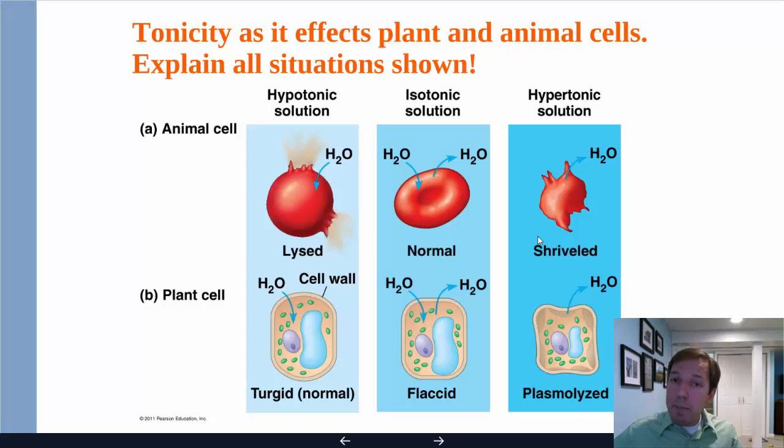Now, if it is a hypertonic solution, there is more dissolved stuff outside of the cell. That's going to draw water out of the cell and into the surrounding environment, because water will move naturally towards an area of higher solute concentration. So in this case, the blood cell is going to shrivel up as it dries up and water is drawn out of the cell.